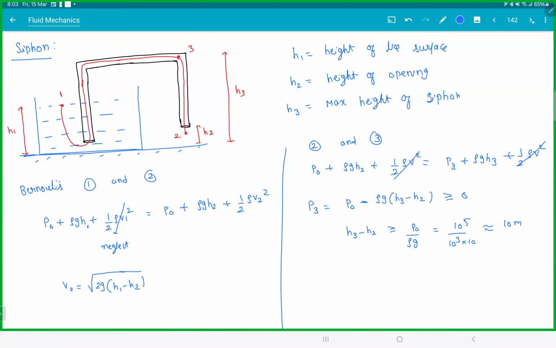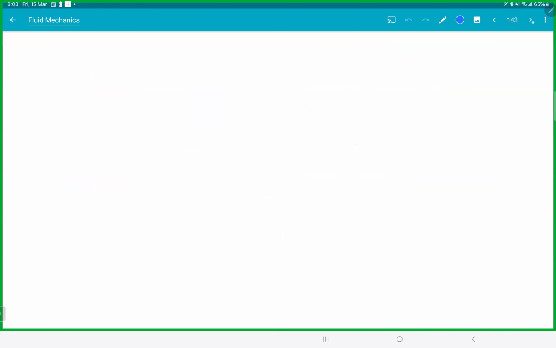Simple thing. Do you remember in barometer we did this thing? If you make a vacuum, what is the height of the water level? 10 meters, isn't it? Now, let's say someone makes a siphon like this, which is 12 meters. And now you tell me, even if you create a vacuum here, what is the height of the water level it will reach?